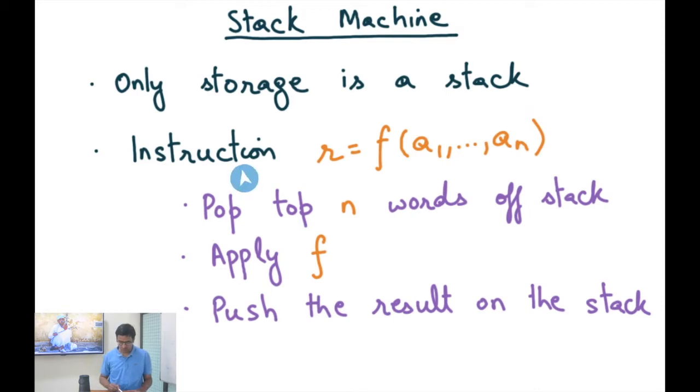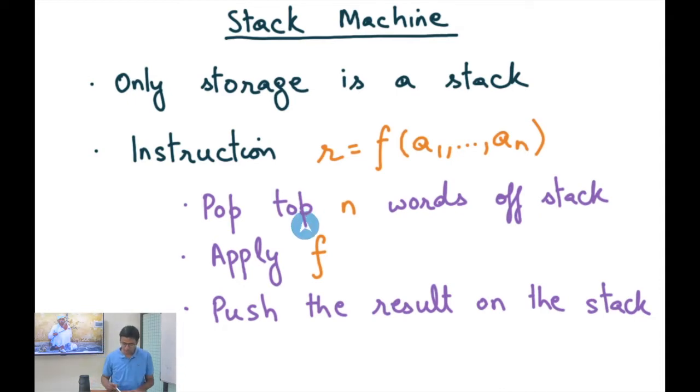And the instructions are of the form result equals some operation f applied to some number of arguments a1 dot dot an. For example, the operation could be plus, and the arguments could be any integers, 4-byte integers, and the result is also supposed to be a 4-byte integer. Now, what such an operation is going to do for a stack machine, so this is the instruction set of this particular machine.